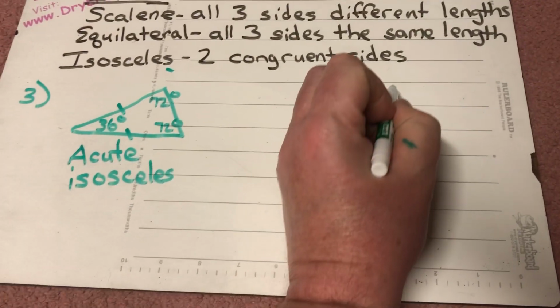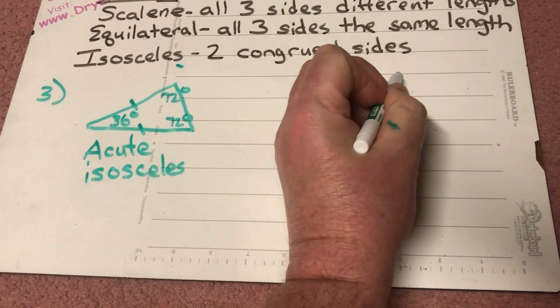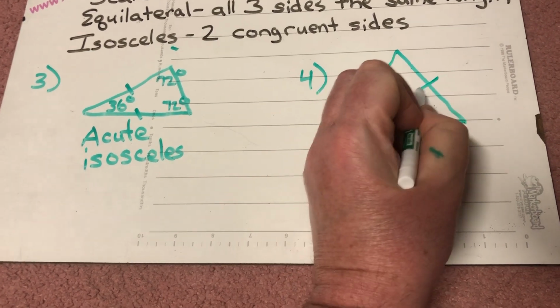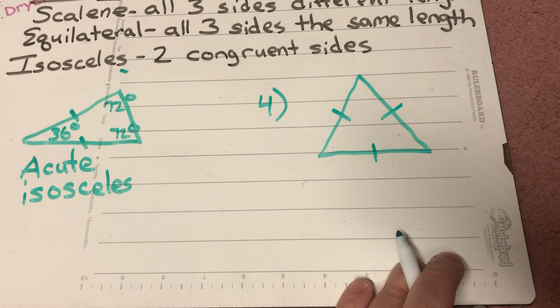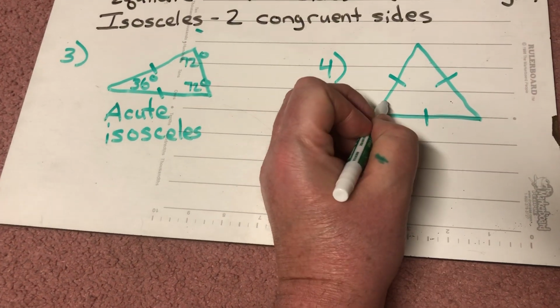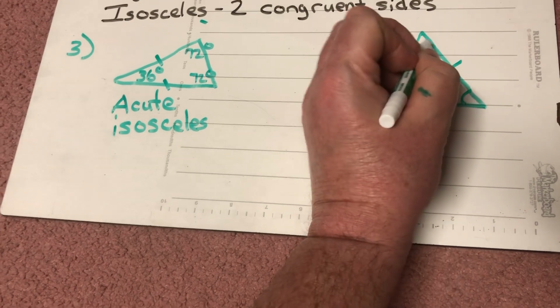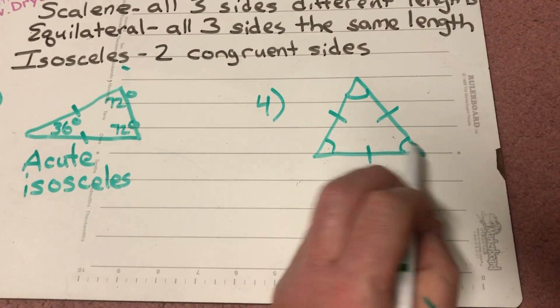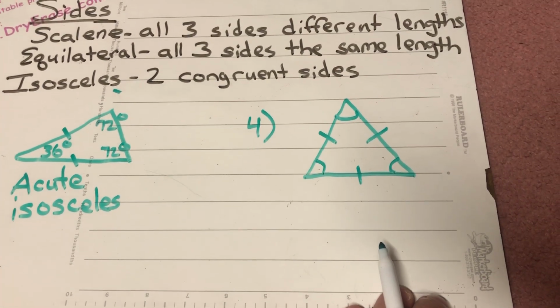All right, last one we're going to look at, number 4. We have our triangle here, and first of all, we get these indicators that tell us that those sides are all the same. We also get these equidistance marks here that tell us that all three angles are the same.